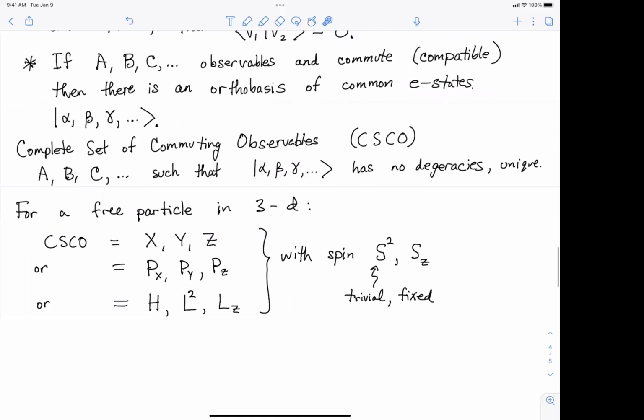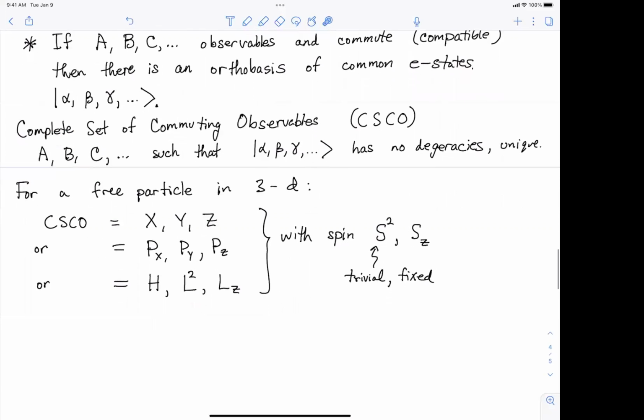Complete here means that I've gotten rid of all the degeneracies. In other words, if I've listed all the eigenvalues for you, I've uniquely determined the state. This complete, it's confusing, has nothing to do with the completeness of the ortho basis. That's a different complete. All right, any questions on that so far?